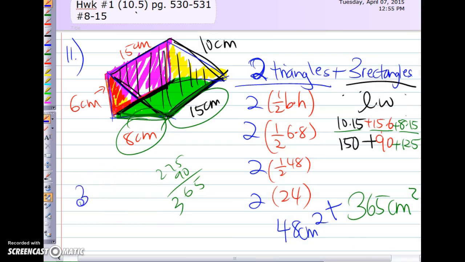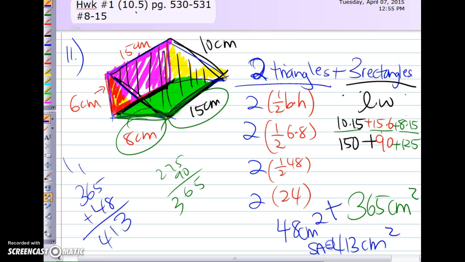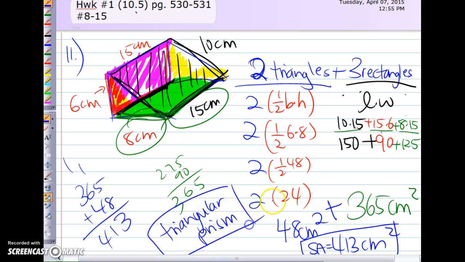That should give me a grand total for my surface area of this triangular prism as 413 centimeters squared. That is my surface area. This shape is a triangular prism. Okay?